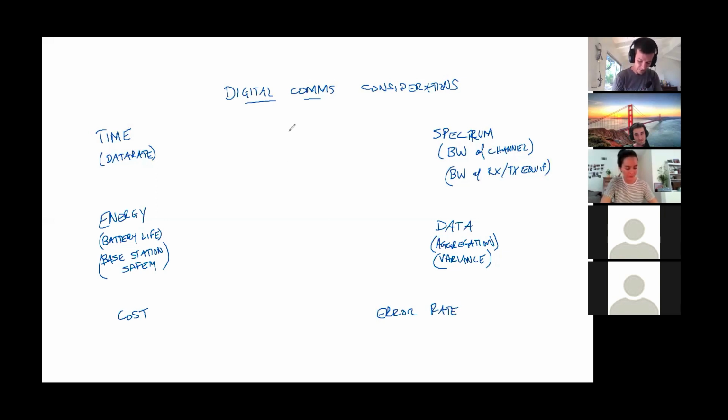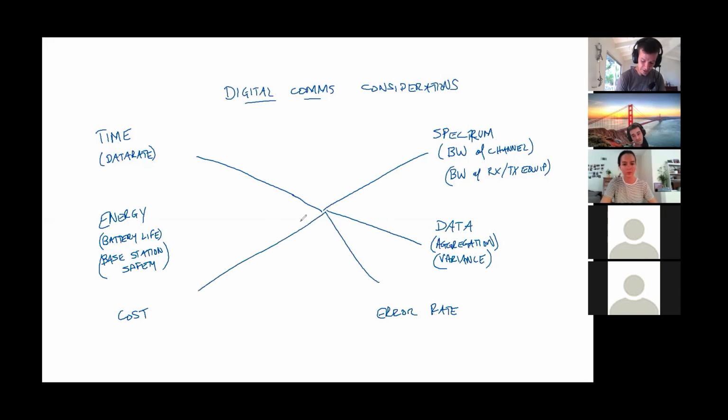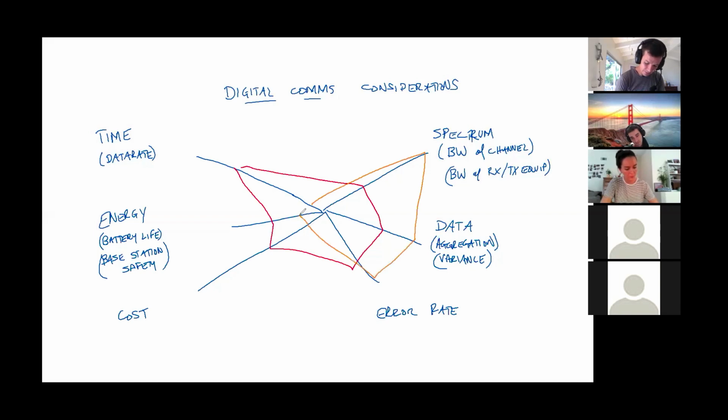So, and this is what I was talking about with the spider web diagram. If you can plot how important each of these dimensions are to your project, whether your diagram looks like this or whether it looks like that, will affect which system you're going to implement.